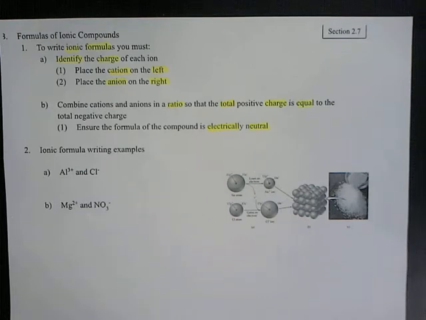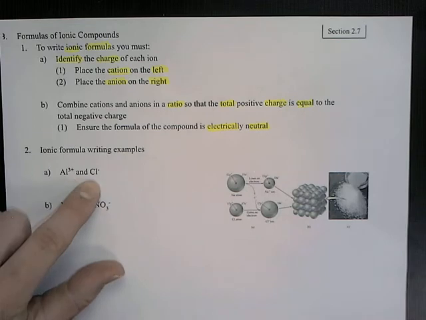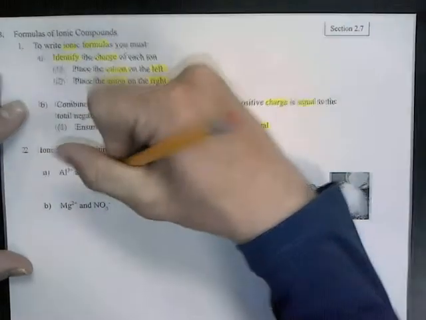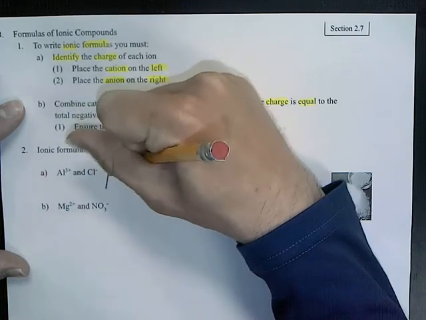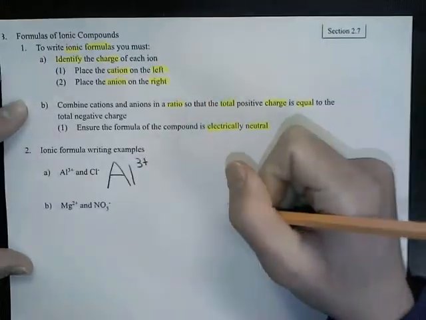So your positive charge must cancel out your negative charge. Okay? So what happens here is we essentially swap charges. With Al3+ and Cl-, I'm going to emphasize Al3+.